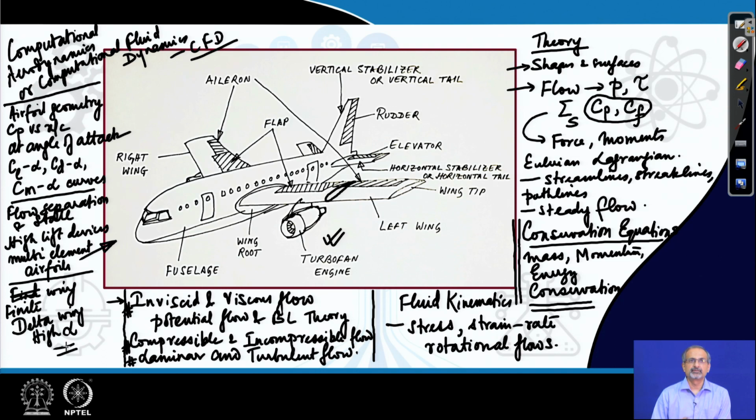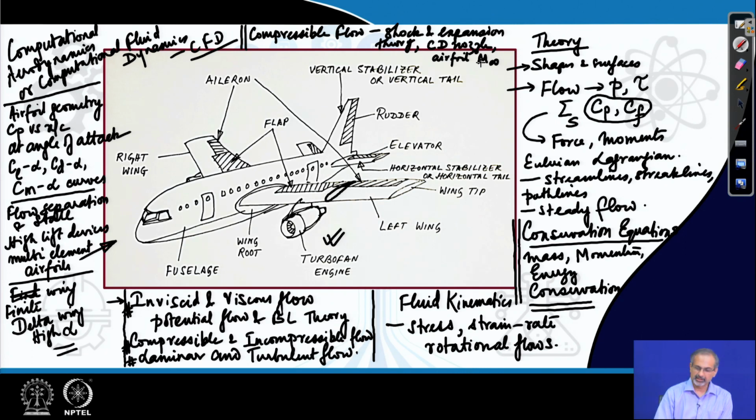And during the last few lectures, we looked at compressible flow in more detail, where we looked at shock and expansion theory, flow through CD nozzle, and then flow past an airfoil at different free stream Mach numbers over a wide range, starting from compressible subsonic to hypersonic or at least high supersonic conditions.